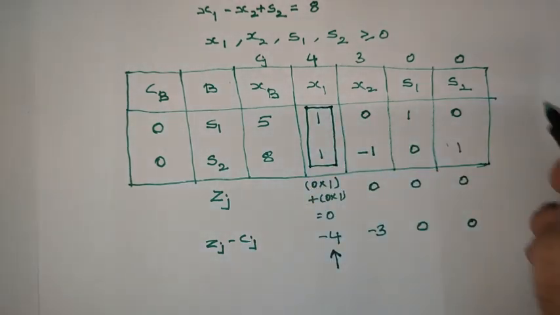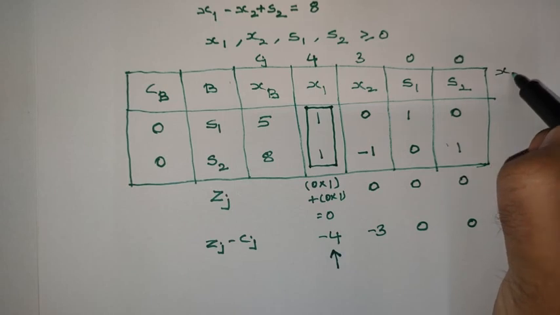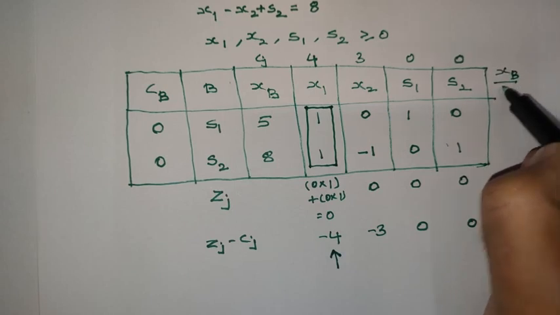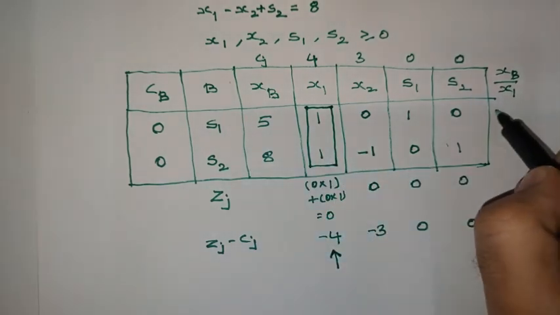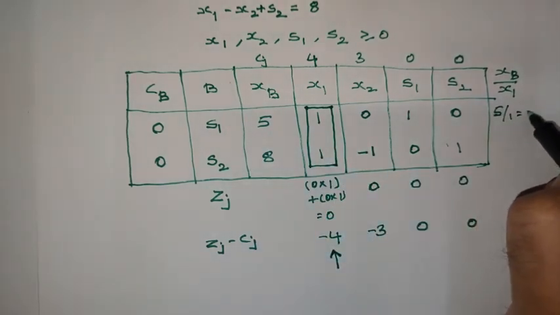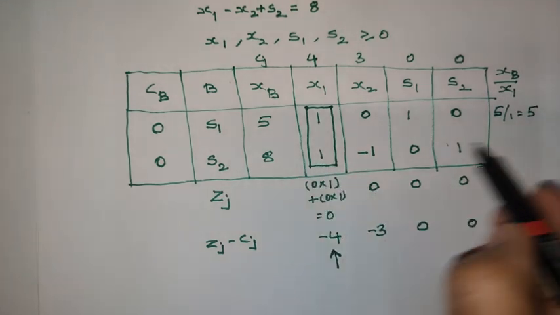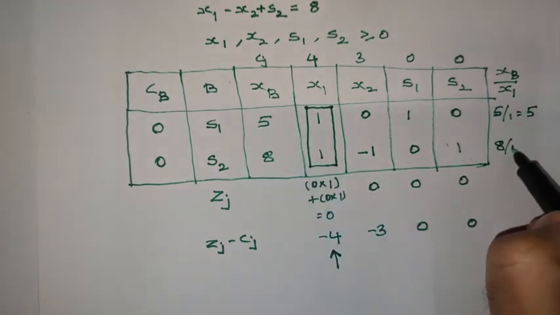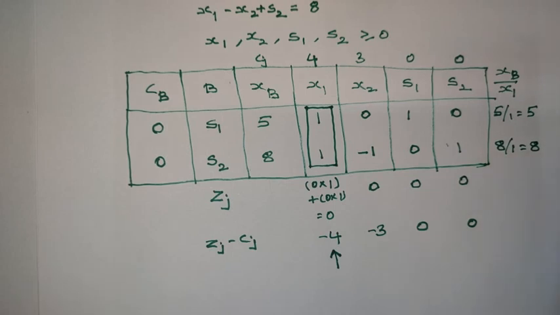Now find the ratio. The ratio is XB by the key column, which is x1. So 5 by 1 equals 5. Next 8 by 1 equals 8. Right? Now select the minimum positive value, that is 5.